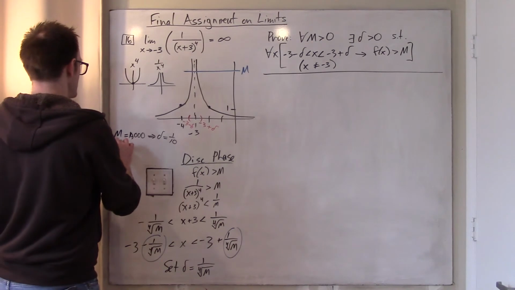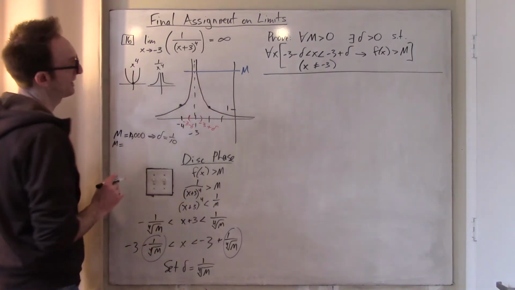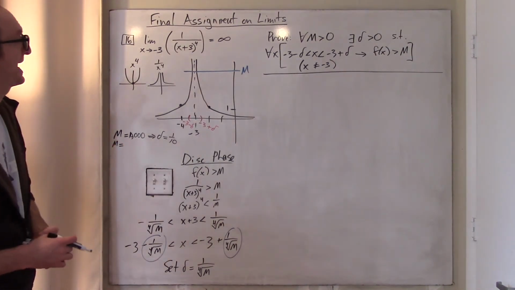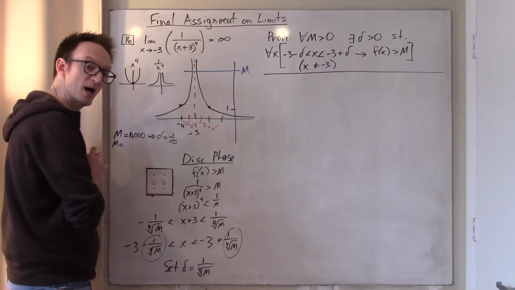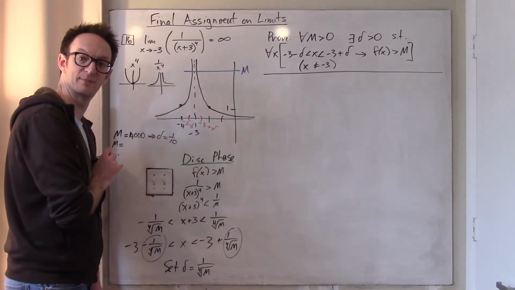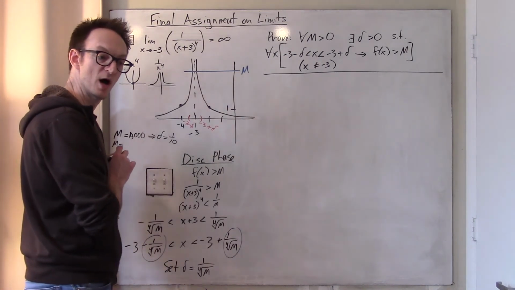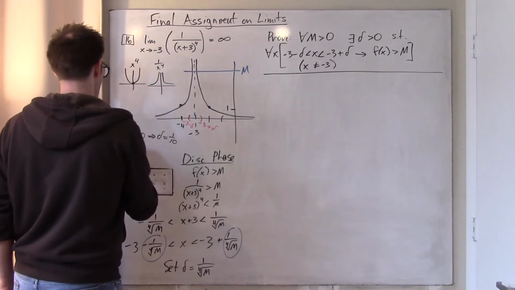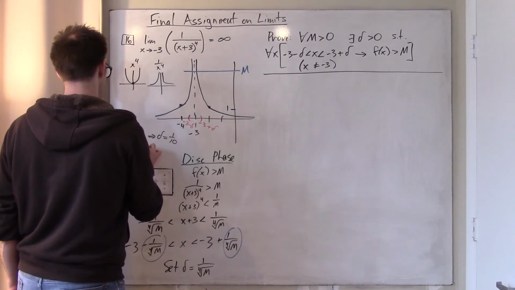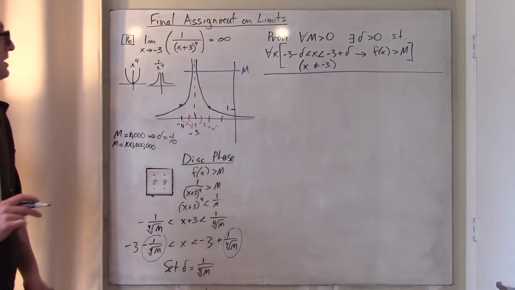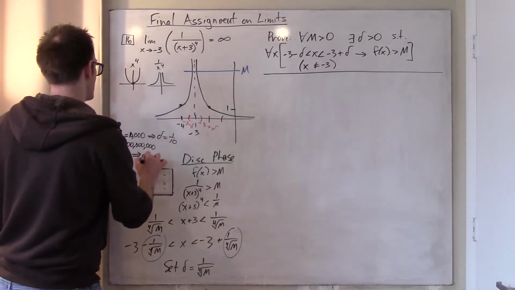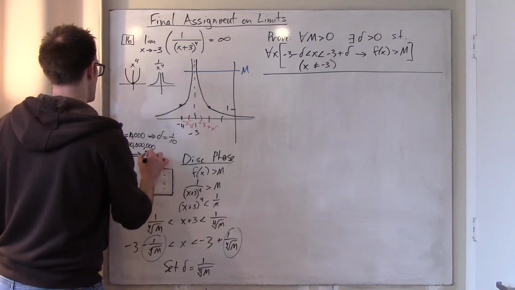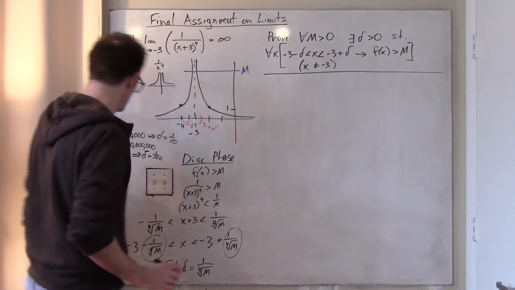And if you challenge me with an even bigger number, like 10 to the 8th, which is 100 million, m equals 100 million, then my delta response is going to be 1 over 100, etc.